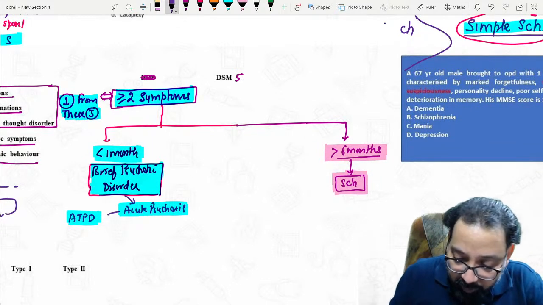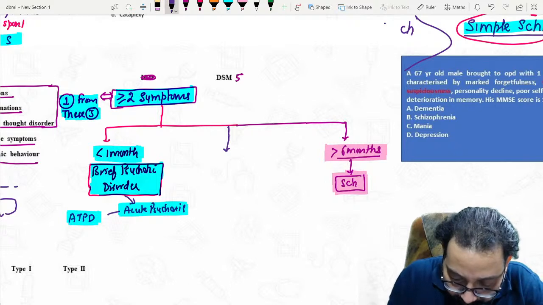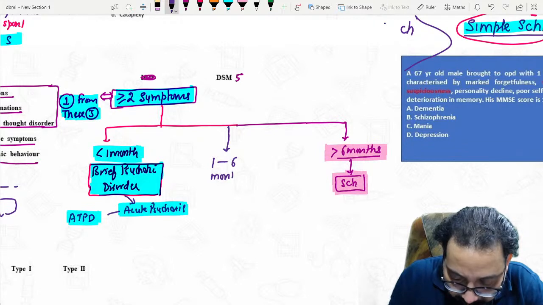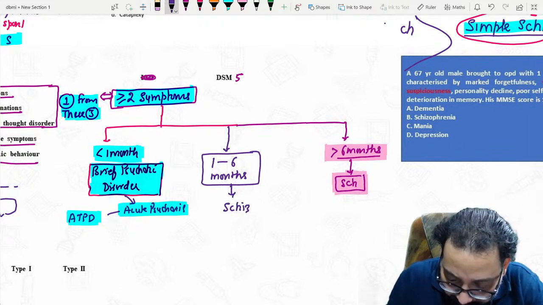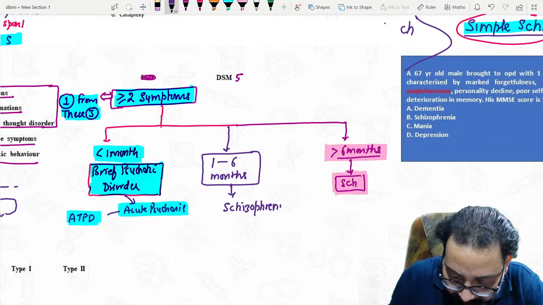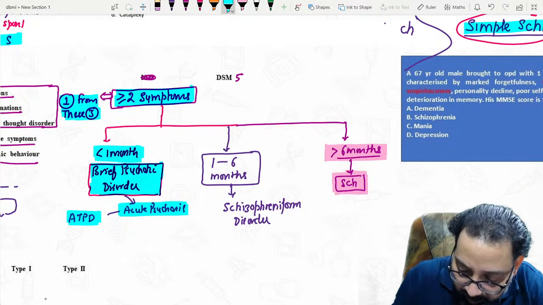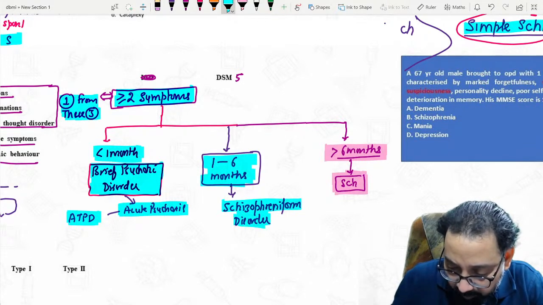But if symptoms are present from 1 month to 6 months, then it is schizophreniform disorder. So questions are asked: 1 to 6 months, schizophreniform disorder.